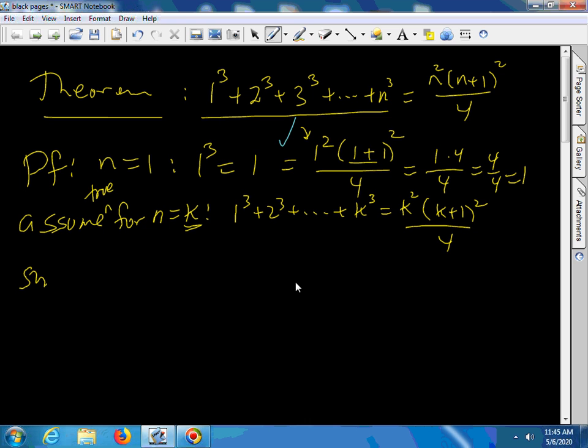Now, we must show for n equal k plus 1, 1 cube plus 2 cube all the way up to k plus 1 cube.